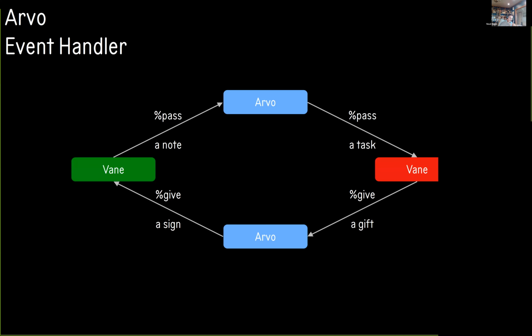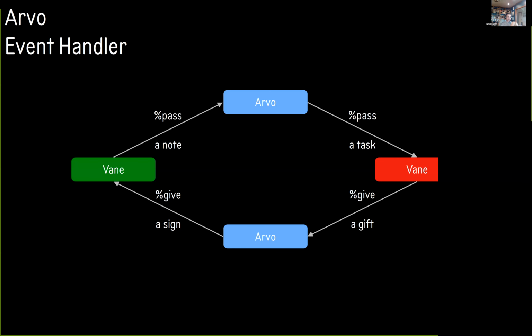So this text gets passed to Gall, gets passed to Arvo, and then Arvo decides what to do with it. In many cases, what it needs to do is simply evaluate it as Hoon, which isn't even another vein. It's just part of Arvo. It evaluates it as Hoon and gives you this result back. But then the result comes back to you as a gift to Dojo, which then displays the output.